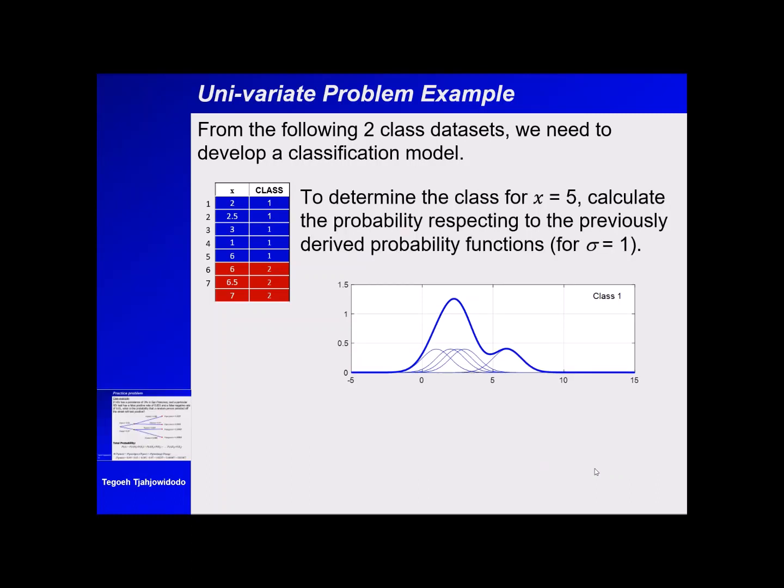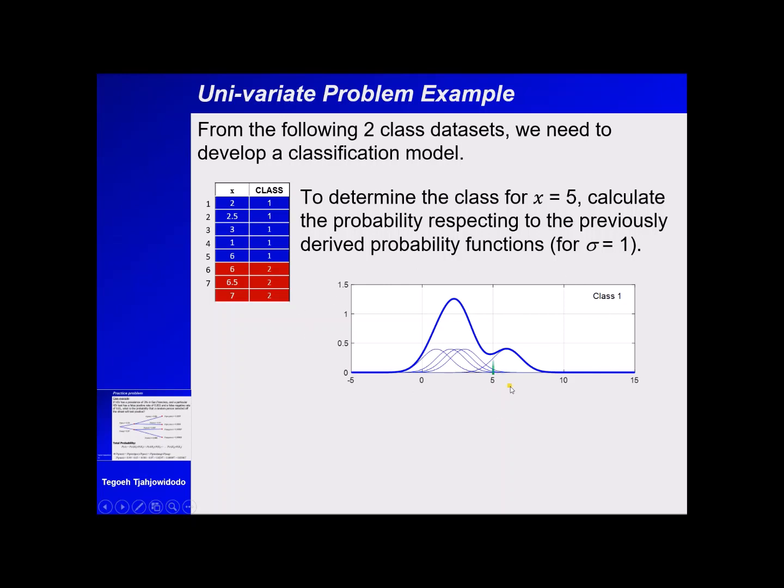And then we calculate the output of this second layer to come up with a neuron on the third layer. What I'm going to do now is evaluate it for x equal to 5, the new individual whose class we want to test. So I will take the same plot again here.